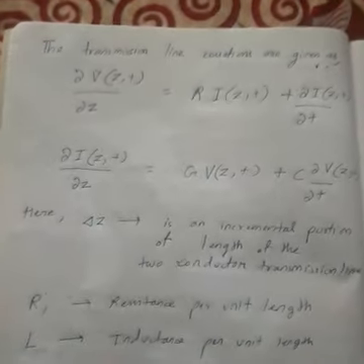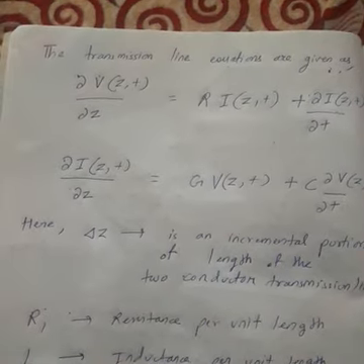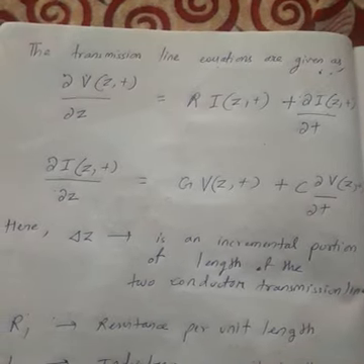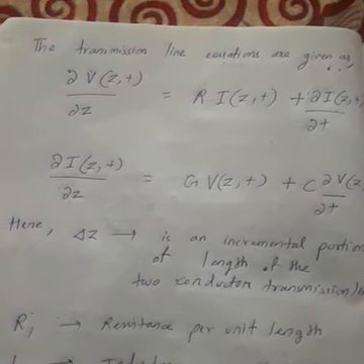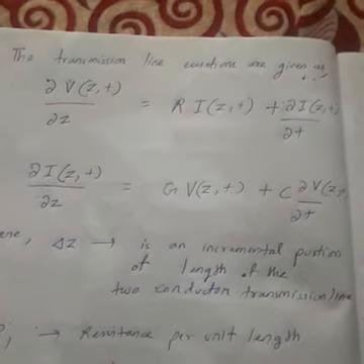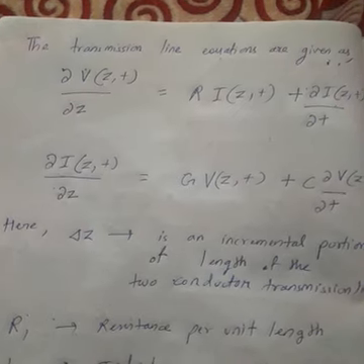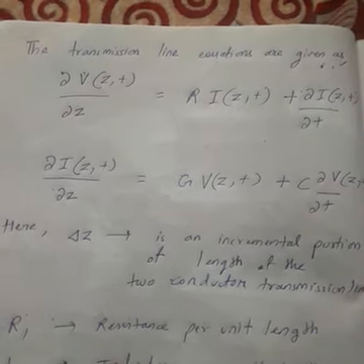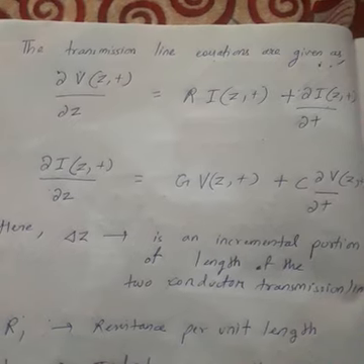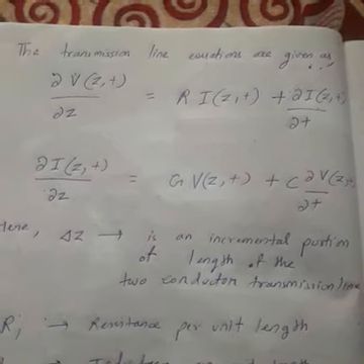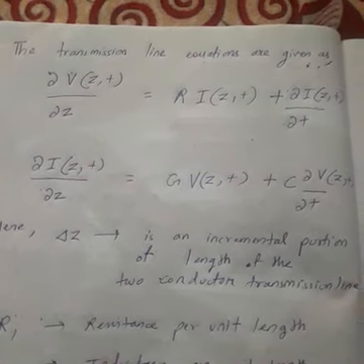So now let us look at the various equations. The first equation, called the transmission line equation, is del V(z,t) with respect to Z equal to R I(z,t) plus L into del I(z,t) with respect to t. The second equation is del I(z,t) with respect to Z equal to G V(z,t) plus C into del V(z,t) with respect to t.